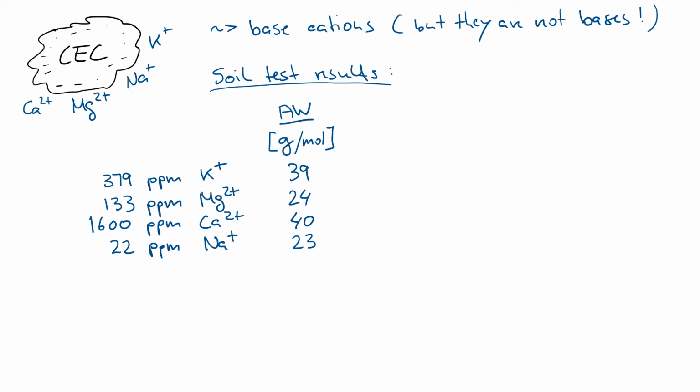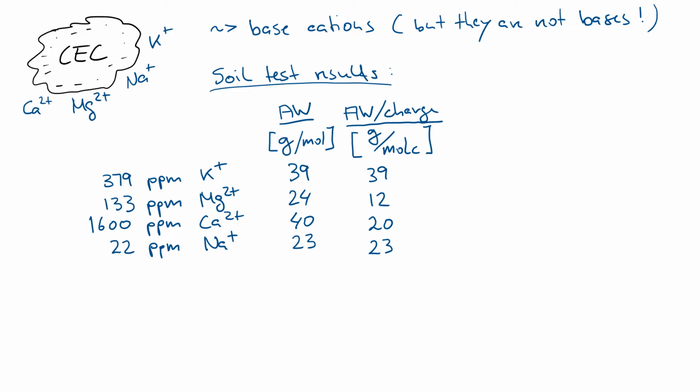Now we can look into our periodic table and look how many grams there are per mole of each one of these. So we have 39 grams per mole of potassium. Now in order to convert this to a cation exchange capacity, we need to look at what is the atomic weight per charge.